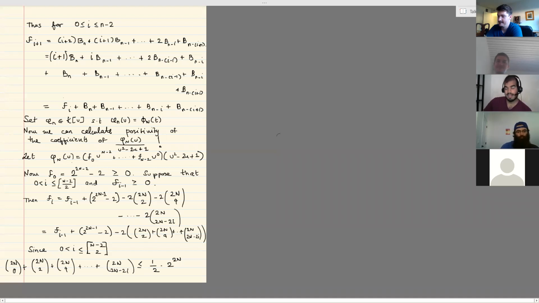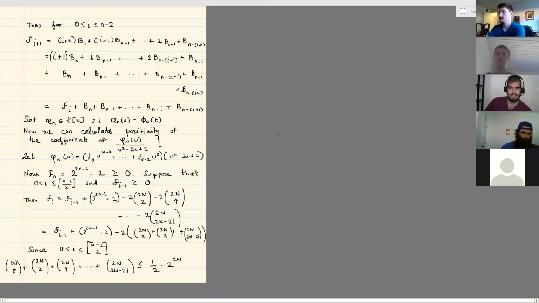So we let varphi sub n of u have the following form. All right. Note that f sub 0 is this number over here. Now suppose that you have I is greater than 0 and is less than the floor of n minus 2 over 2, and f sub I minus 1 is greater than or equal to 0. Right? Then we have the following holds. That's basically by this formula over here.